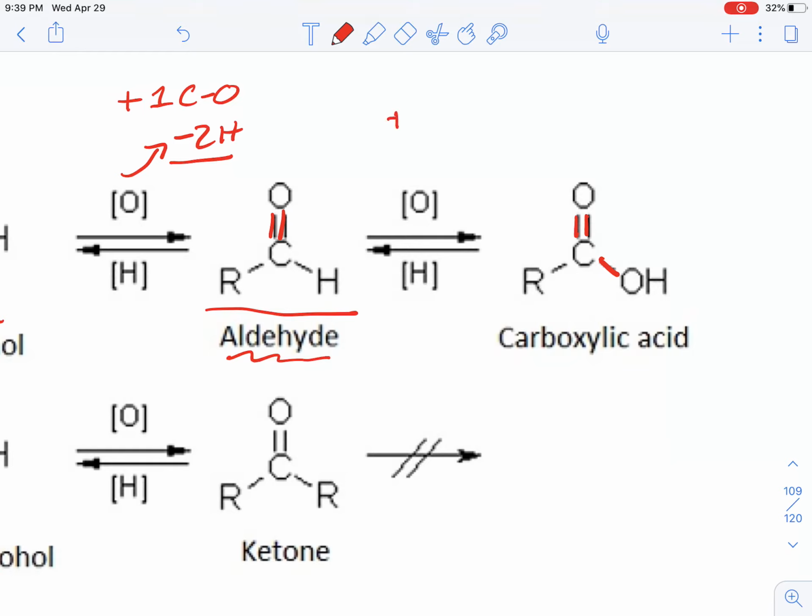So I'm still gaining one carbon-oxygen bond if we're going in the forward direction, describing oxidation. At the same time, notice that the connection between this carbon and hydrogen is gone. And so we're losing one hydrogen when we're going from aldehyde into a carboxylic acid.